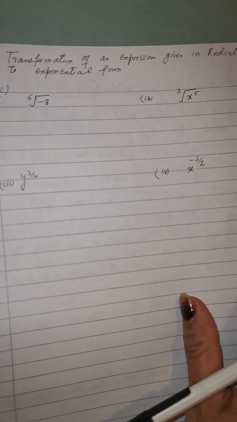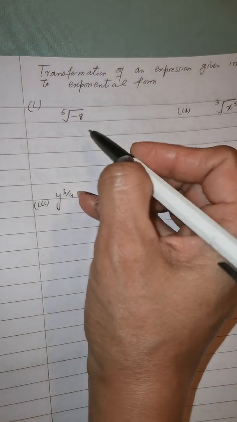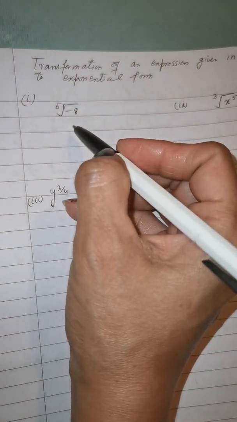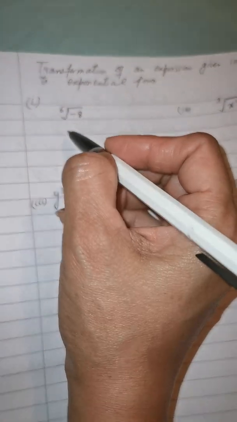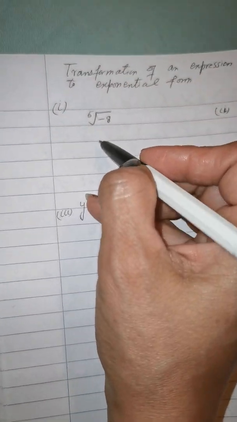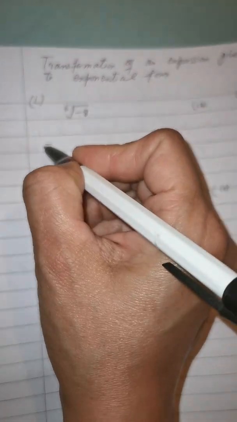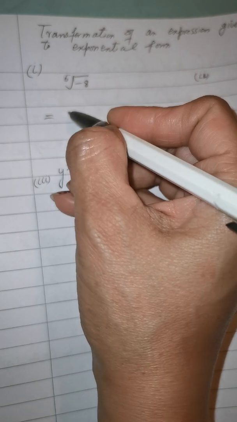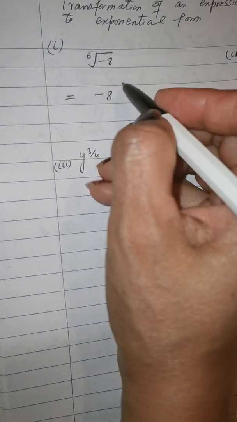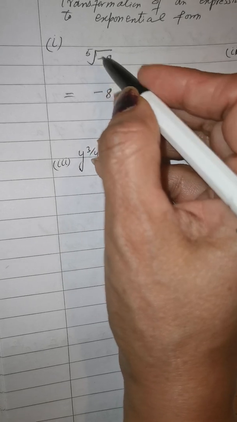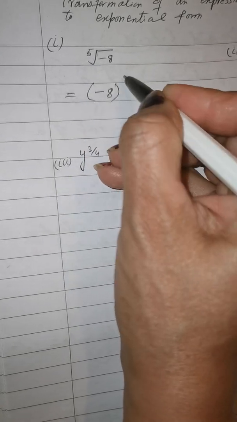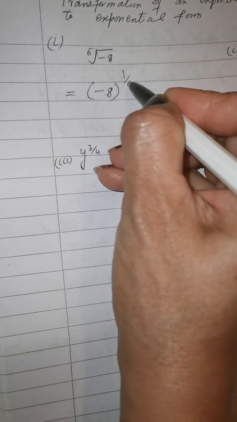Now we will learn the transformation of an expression given in radical form to exponential form. For example, here we have -8 and in radical we have given power 5. First of all, we will write -8 in parentheses, and as I told you earlier, the power will become 1 over 5.